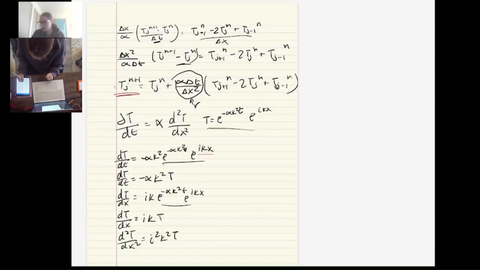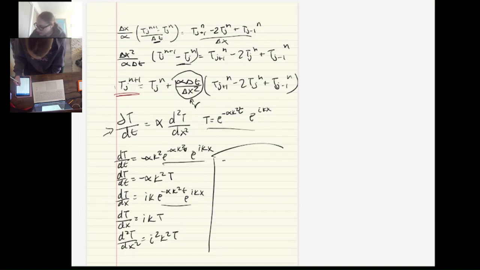T. So let's plug into this equation here, and let's see if this is the correct answer, if this makes sense. I'm just going to block this off real quick.